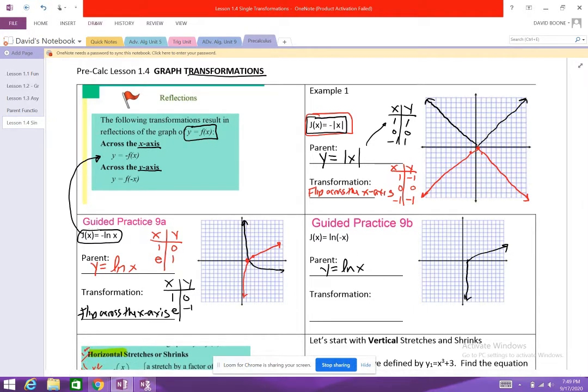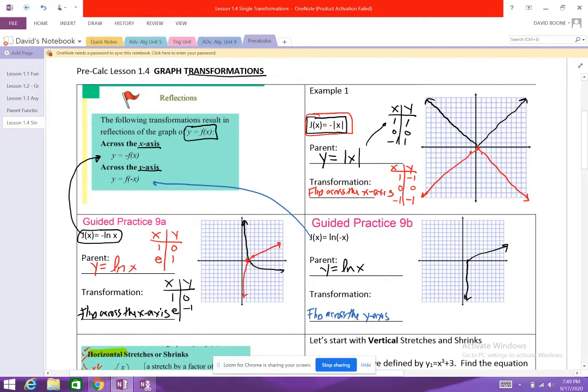So let's look at this transformation. Again, by rule, we're taking the opposite of the input value. So this should flip across the y-axis.